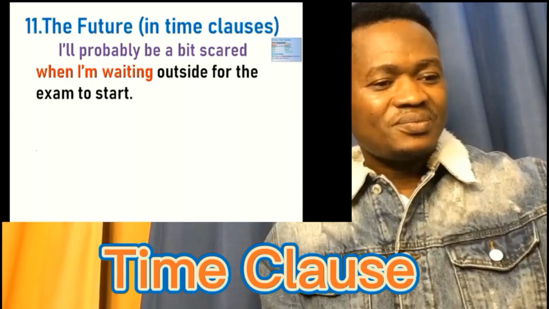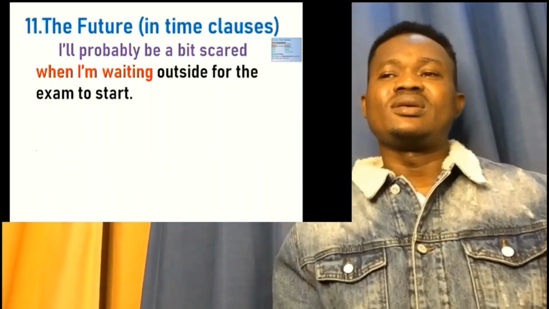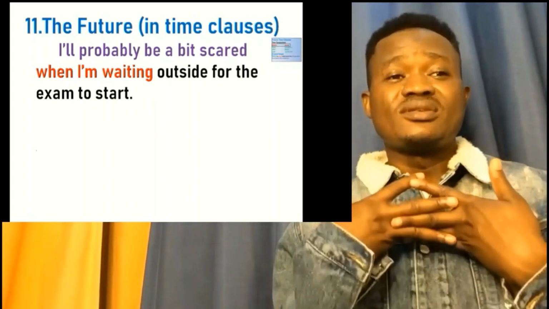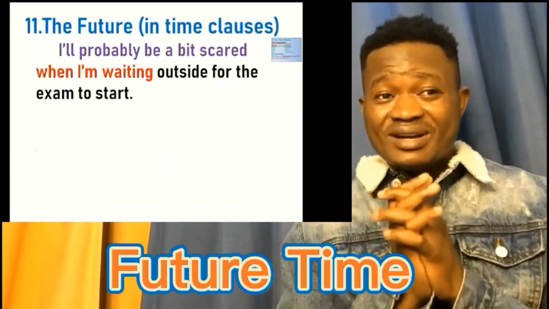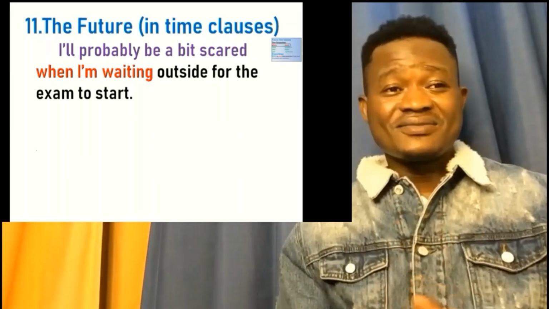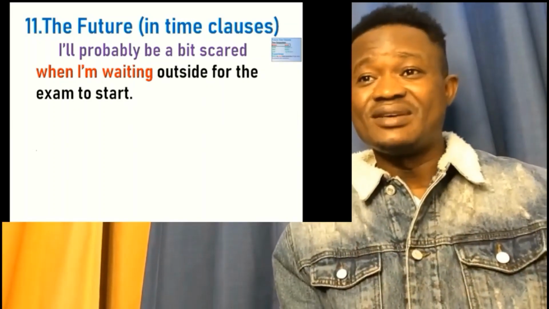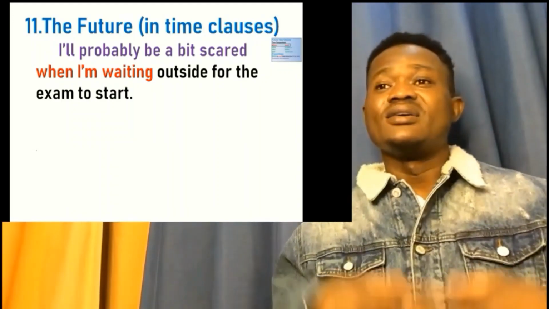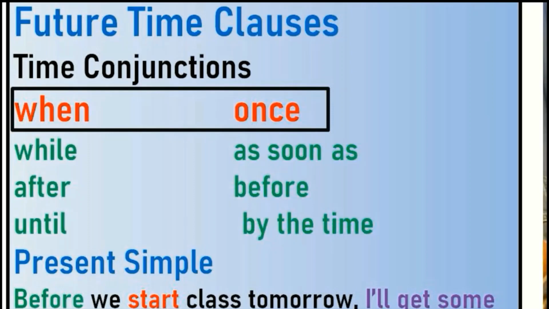There's a video coming on what we call future time, where we talk about a lot of things about the future. For now, let's just focus on the present progressive. We have many time conjunctions we use in future time clauses.